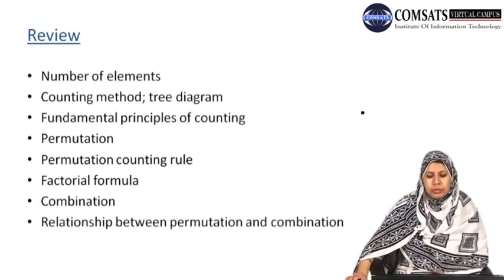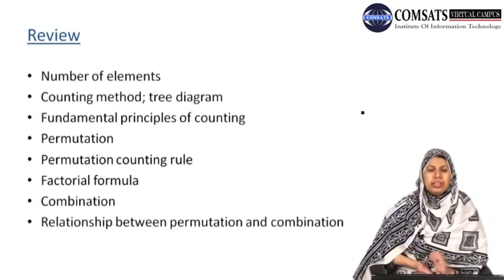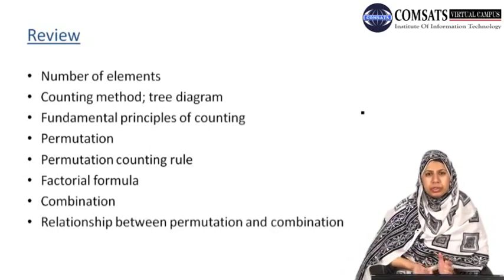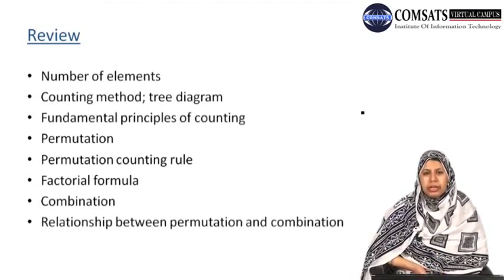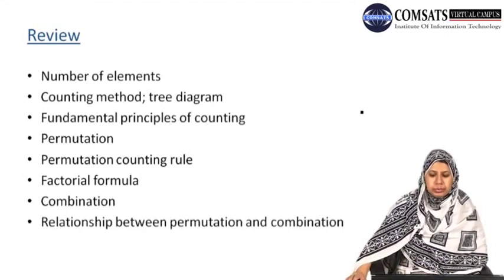And we have observed that whenever there is a situation of finding the possible outcomes when the arrangement matters, we will use the permutation, and whenever we are asked to find the possible outcomes when the arrangement or the order does not matter, we will use the combination.